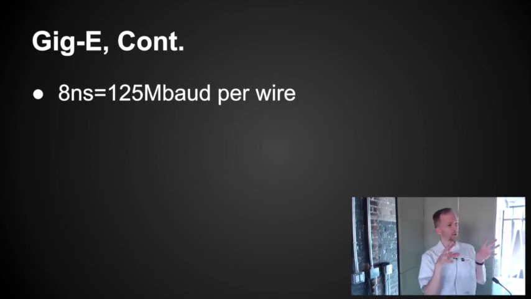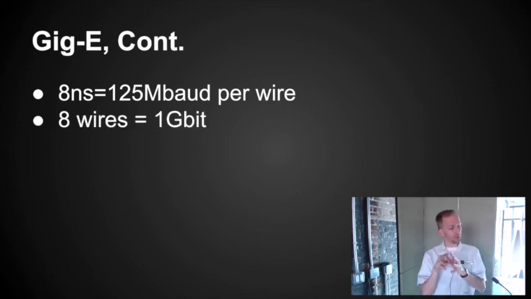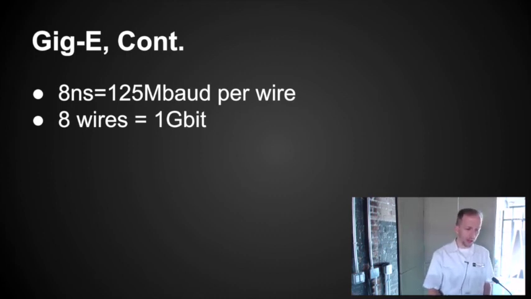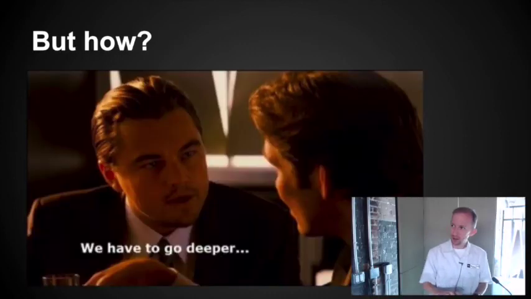So if you have 8 wires in your Ethernet cable running at 125 million pulses per second, you get Gigi. You get 1000 megabits of bandwidth. If you do the math on that 8 nanosecond division, that also is that 125 megabit number. Kind of neat. But how does it do that? We have to go even deeper.